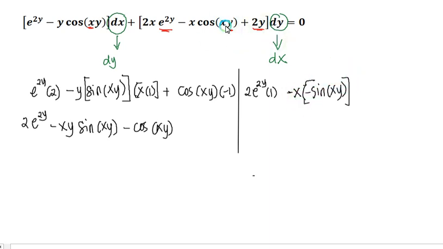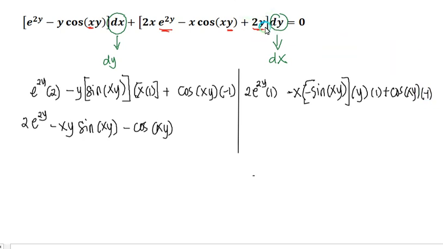Then derivative of your inner function ng xy, y is constant, kapihon ko lang ang y, derivative of x, which is 1. Next, ang sugpon sa aton nga product, which is second equation naman, cosine xy. And then derivative of your negative x, that is negative 1.